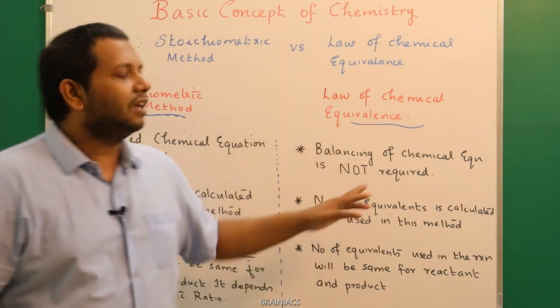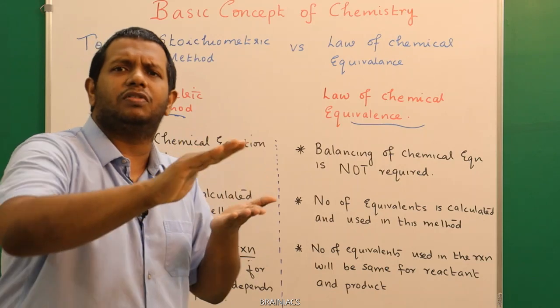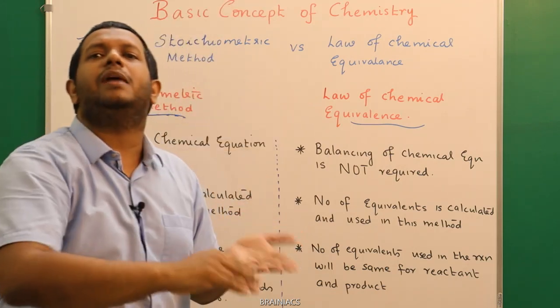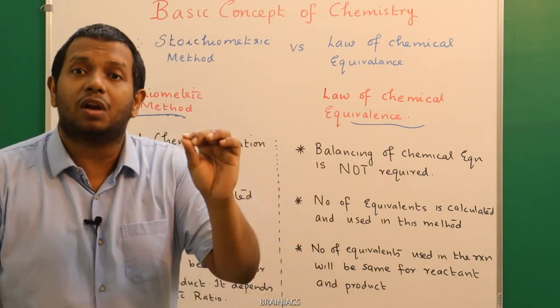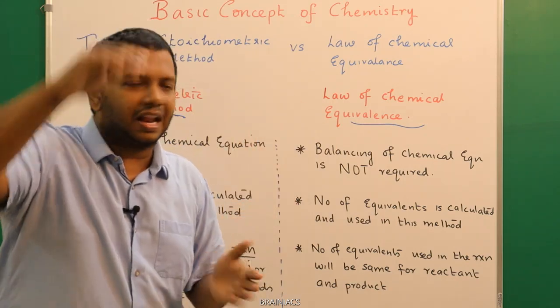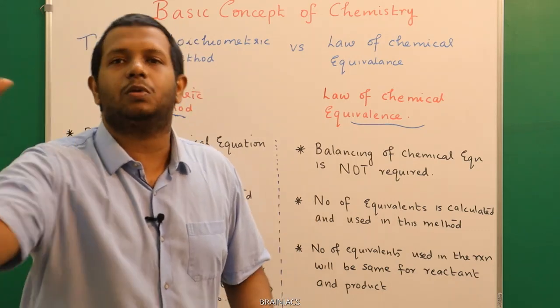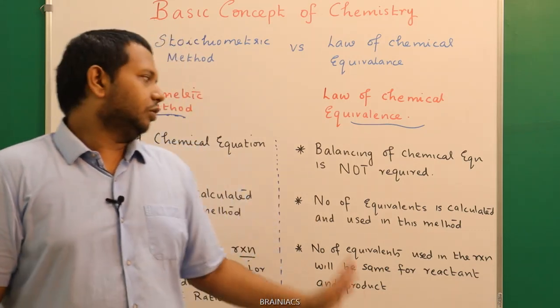Similarly, the number of equivalents is weight in gram divided by, instead of molecular weight, the equivalent weight. Since it is weight in gram, some people say number of gram equivalents instead. That is the only difference.